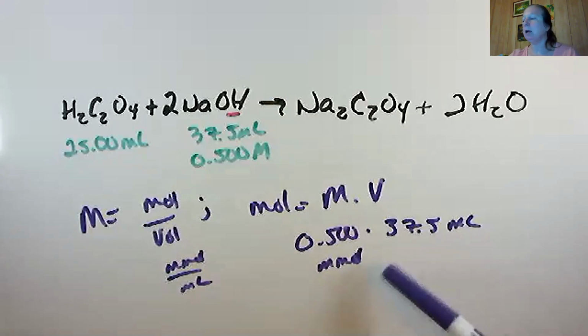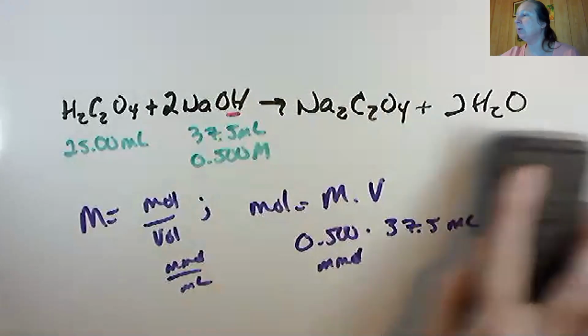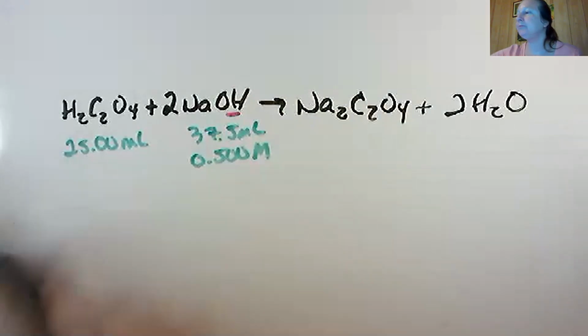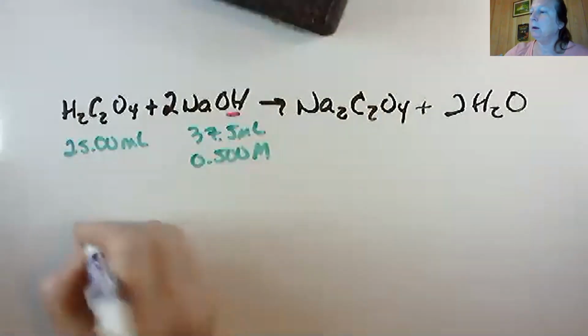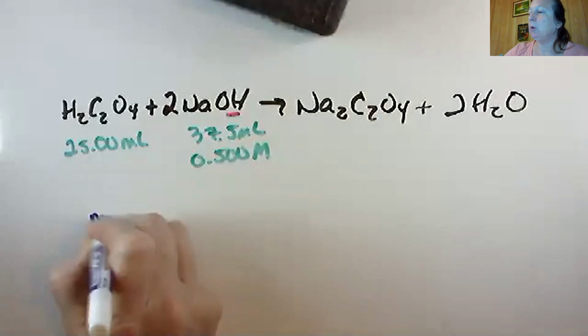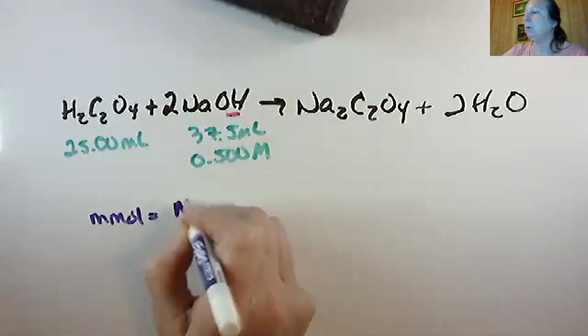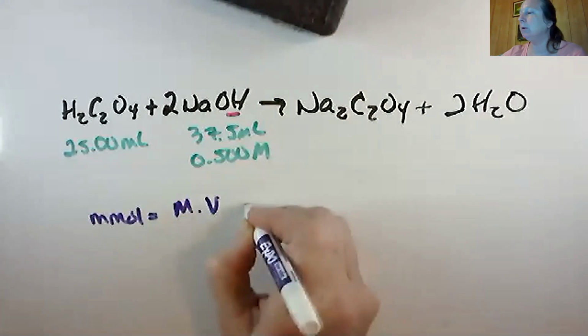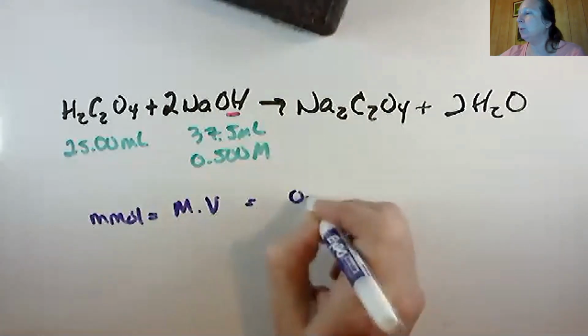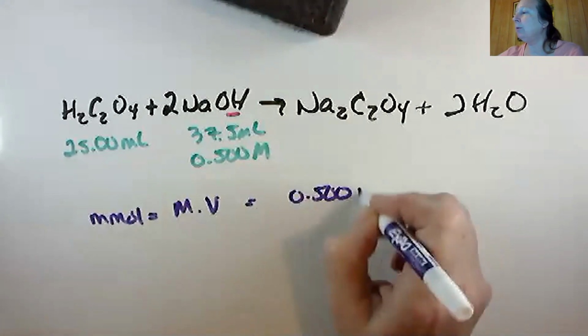So when I multiply, I'm going to rewrite this now a little neater. So my millimoles is going to be equal to the molarity times the volume, 0.500, and I will put my units in here.